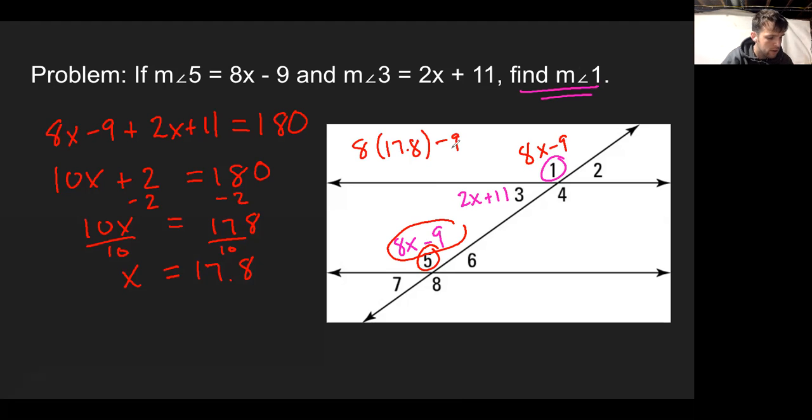Do a little calculation here. I get that this is 133.4 degrees. So that is my angle 1 measurement. Again, don't love that answer, but that's what we got. Looks like it could be 133 degrees, so it's reasonable.